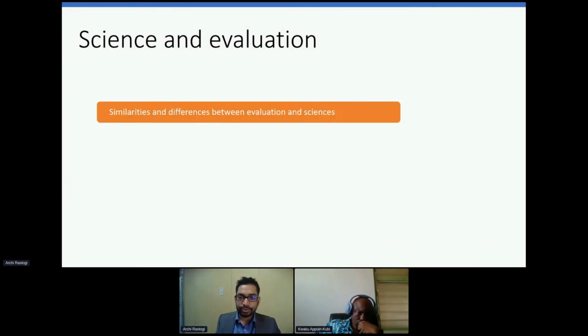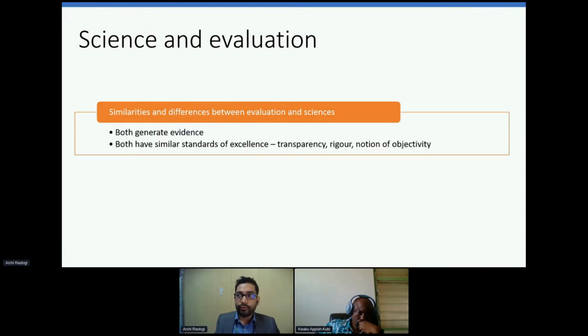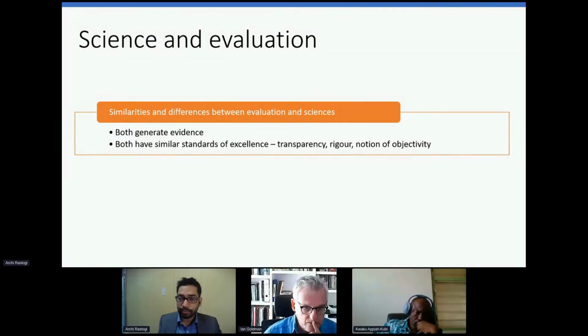Sciences and evaluations are, of course, very similar things. Evaluations are founded in some ways in the discipline of economics, but both of them are essentially ways of generating evidence, systematic ways of looking at evidence, generating hypotheses and testing hypotheses. They both have very similar standards of excellence, transparency, rigor, and notions of objectivity.